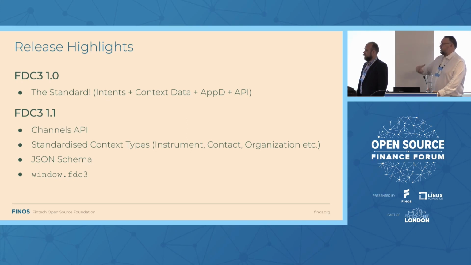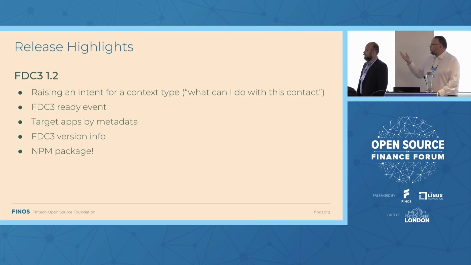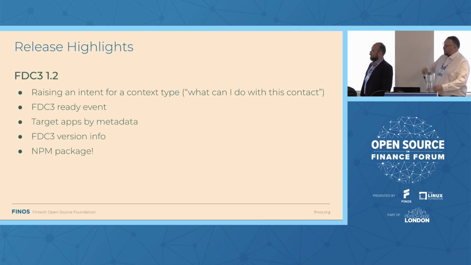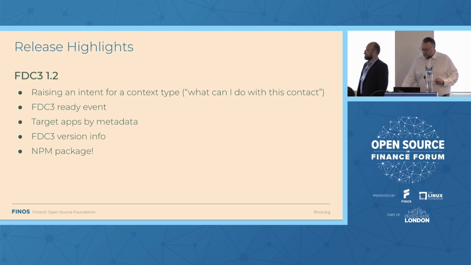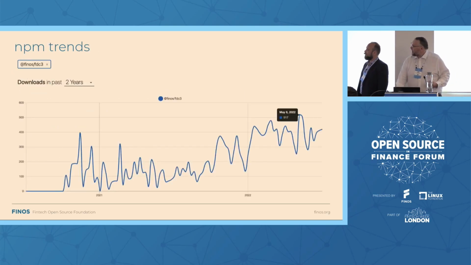We made it easier to consume those types. We added channels, and then in FDC3 1.2, we added some new functionality. We had better support for applications in figuring out when FDC3 is ready, how to deal with metadata and things like that. I mentioned the NPM package.